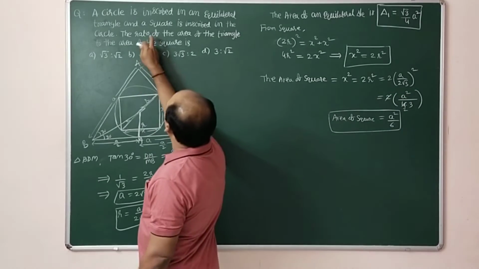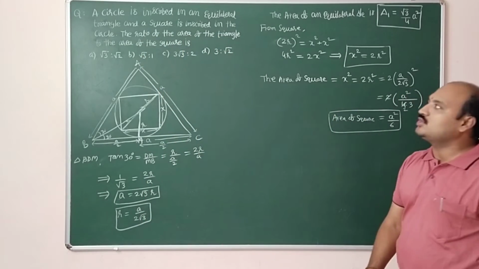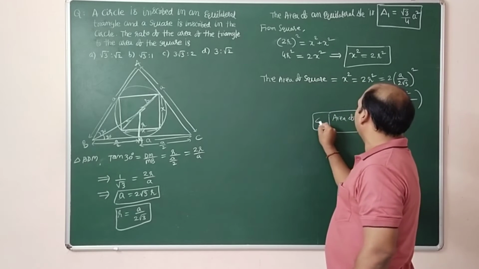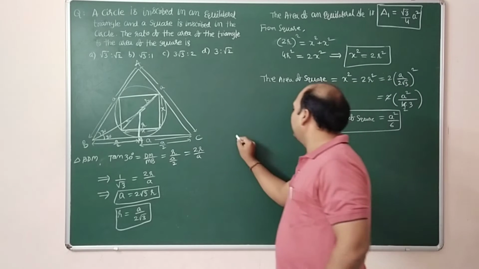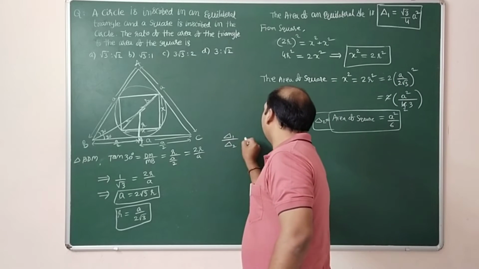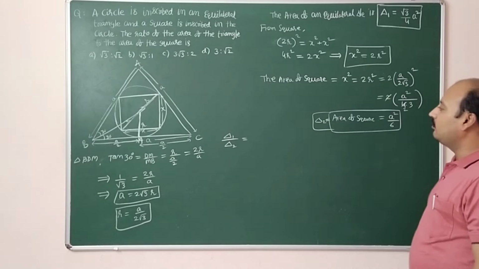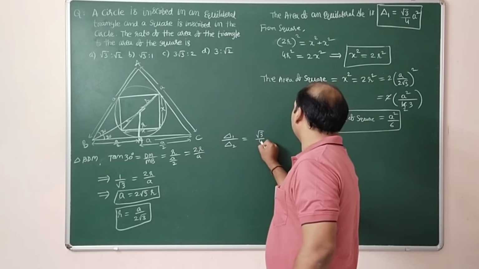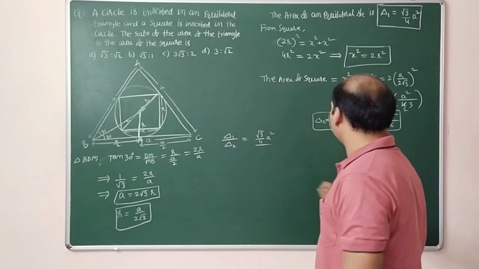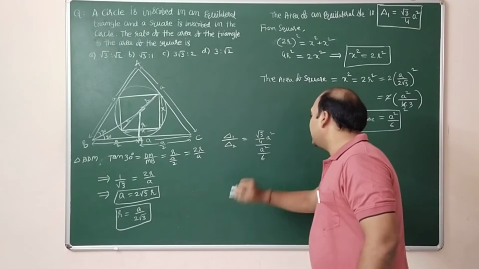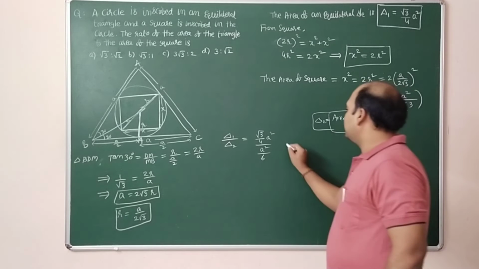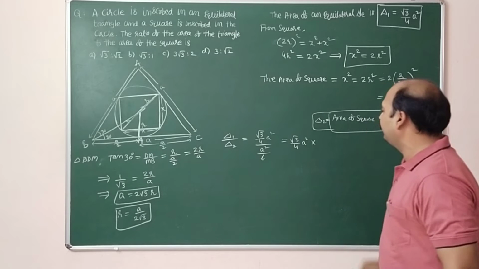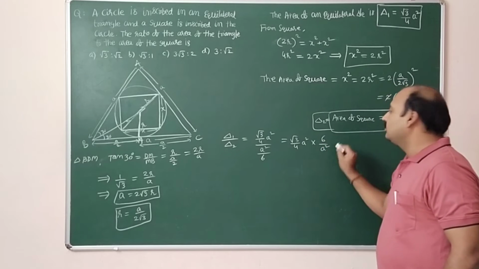Now you can calculate the ratio of the area of the triangle to the square. I am assuming that delta 1 and delta 2. So delta 1 by delta 2 is the area of triangle by the area of square. Root 3 by 4 into A square divided by A square by 6, which is equal to root 3 by 4 into A square into 6 by A square.